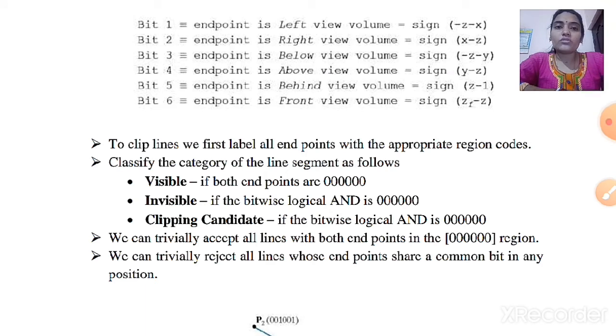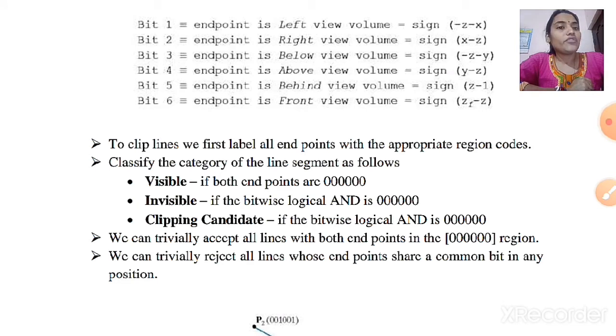If the values are invisible, then we can apply a bitwise logical AND operation on them. After testing the logical AND operation, if the result is false, then that portion is a clipping candidate.